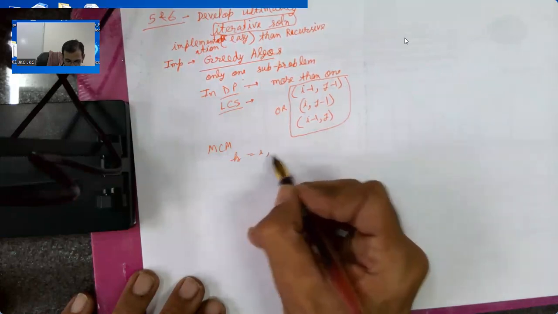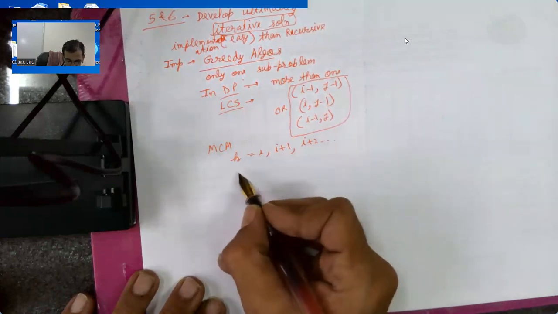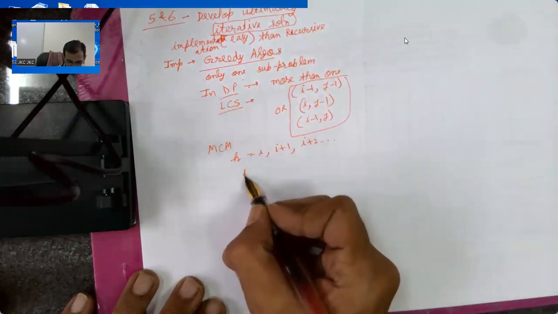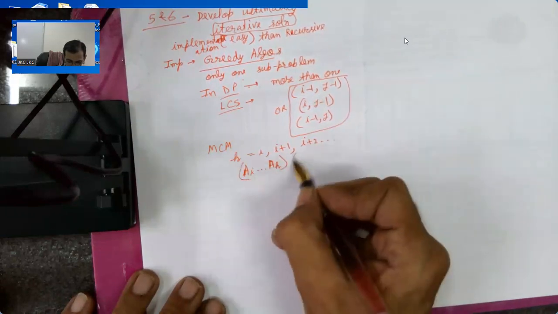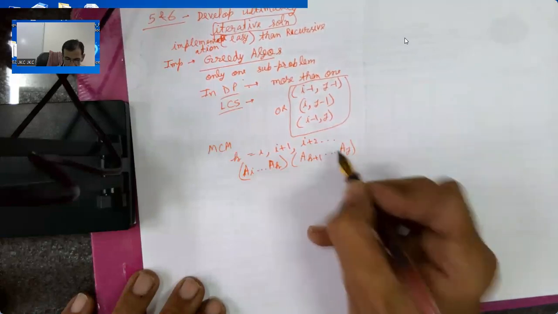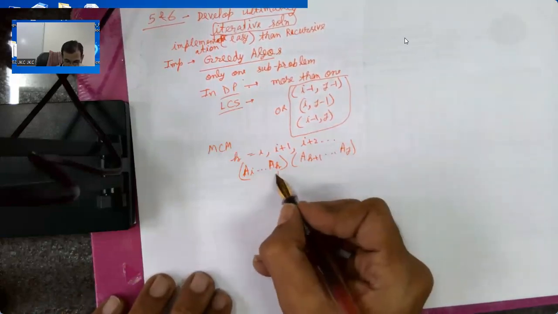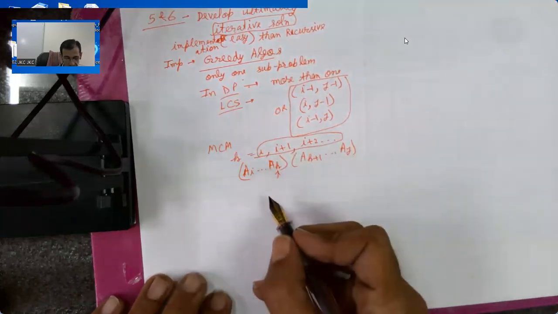So k could happen at i plus 1, i plus 2, and so on. And that meant one subproblem A_i to A_k, A_k plus 1 to A_j being another subproblem, and k also could vary, so multiple subproblems and overlapping also.